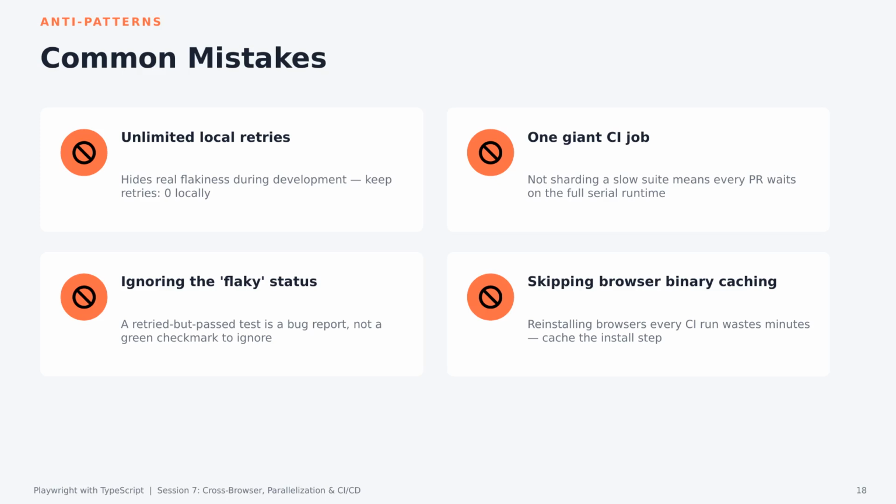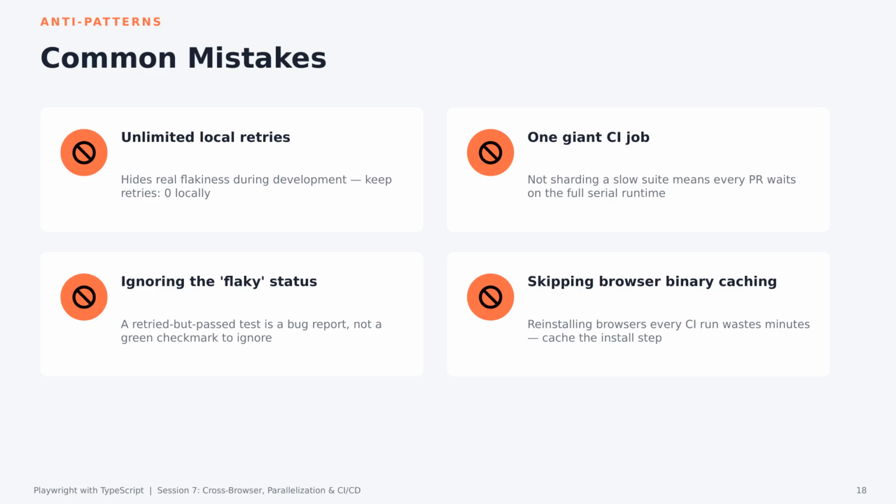Let's cover today's anti-patterns. Unlimited local retries. This hides genuine flakiness during active development. Keep retries at 0 locally, always. One giant CI job. If you don't shard a genuinely slow suite, every single pull request ends up waiting on the full serial runtime, which adds up fast as your suite grows.